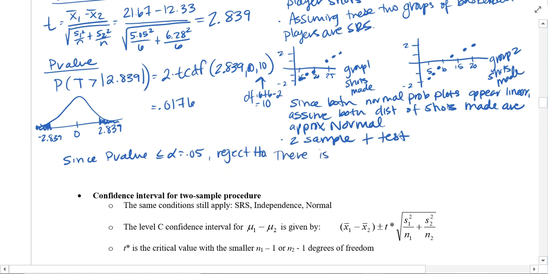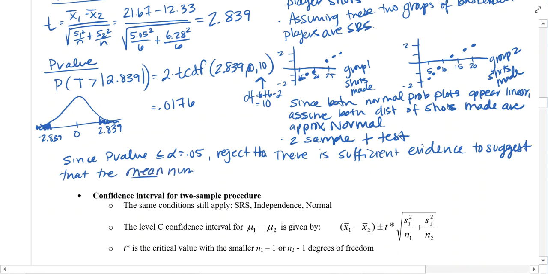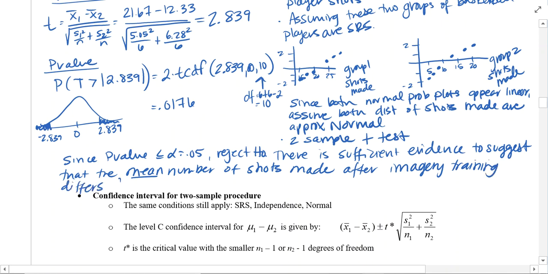So there is sufficient evidence to suggest that the mean number, don't forget mean, shots made after imagery training differs from the mean number of shots made without imagery training.